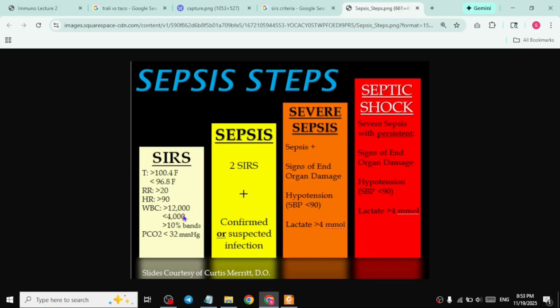The WBC is going to show a left shift, which basically means you have high amounts of WBC, and neutrophils are very high. PCO2 is going to be slightly less, because of some sort of inflammatory reaction going out of control, such as the hyperacute reaction or a transplant staying in the body.